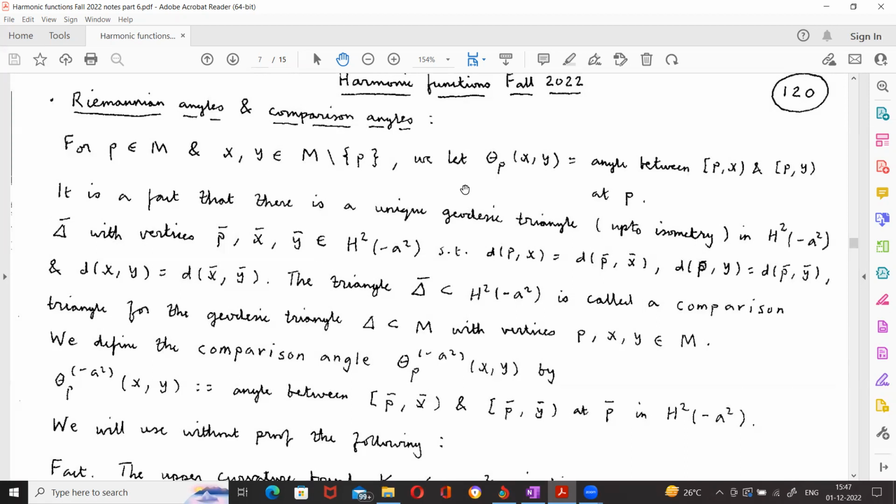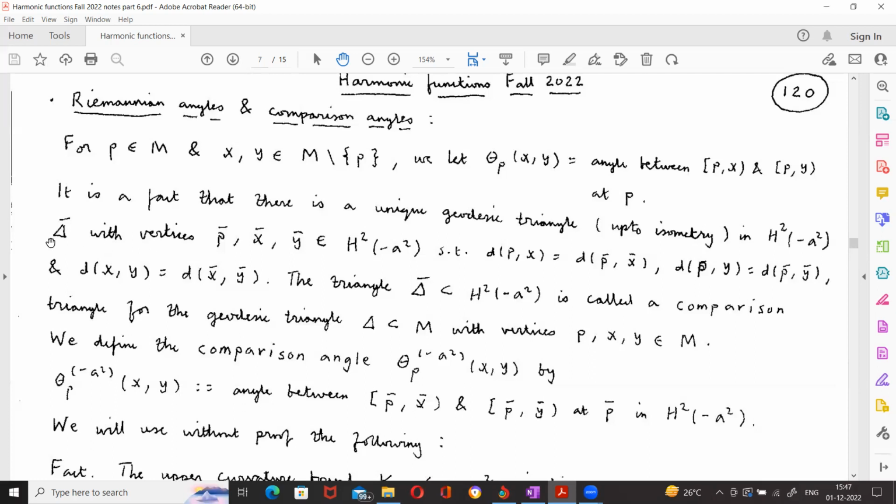All right. And then we can also talk about the comparison angle at P. That means you take the unique geodesic triangle in the model space of constant curvature minus a squared.